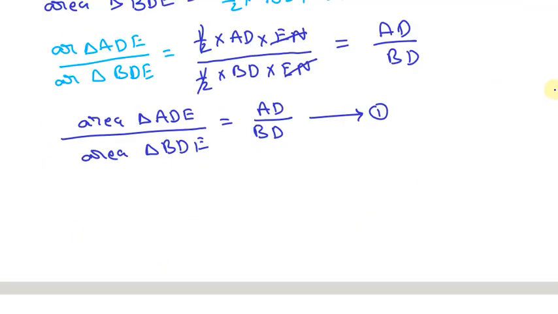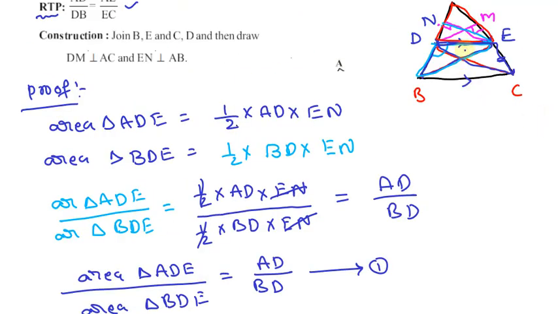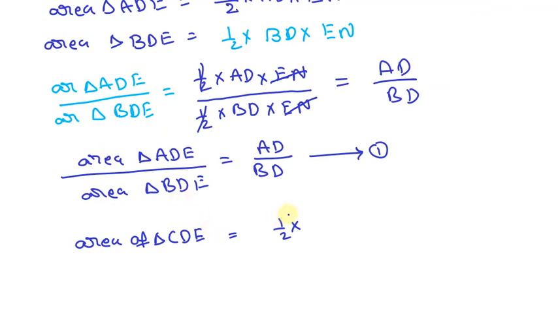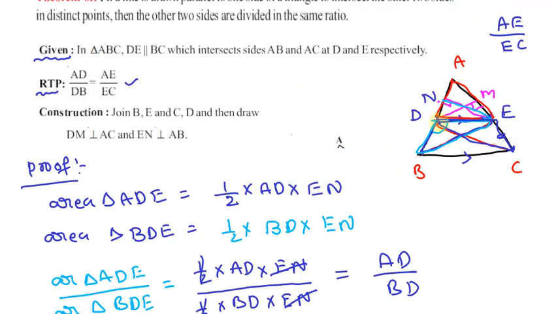So I am going to write the area of triangle CDE, that is half into base. What side do we consider as the base in this triangle? That is EC. Then the height for this EC is nothing but DN. Here also it is exterior to the triangle CDE.